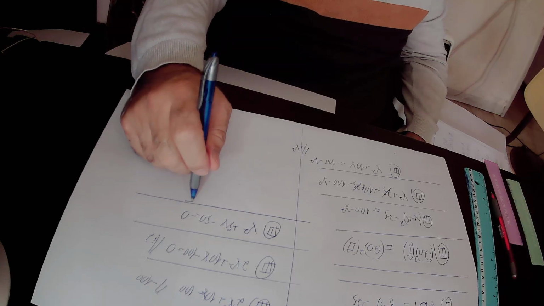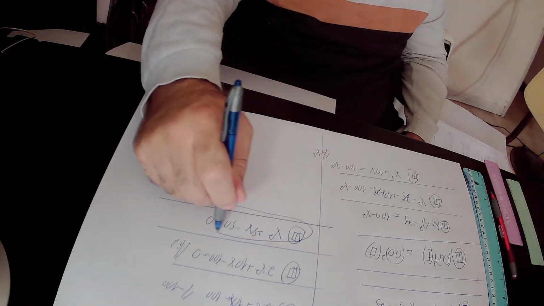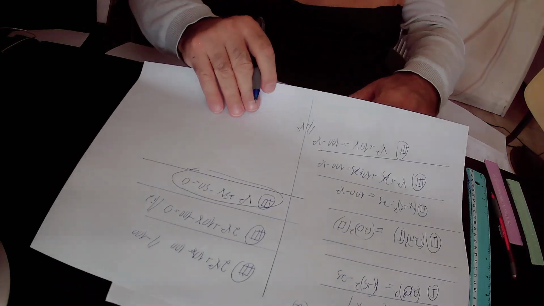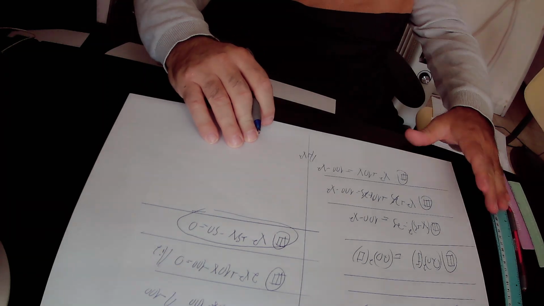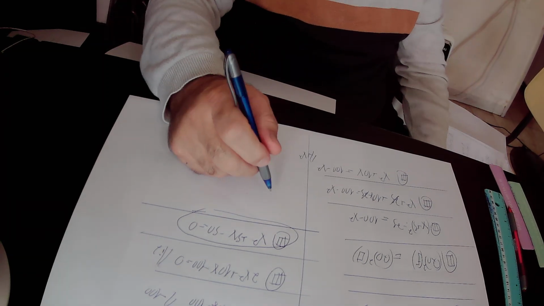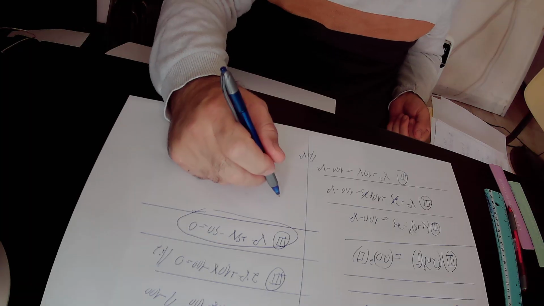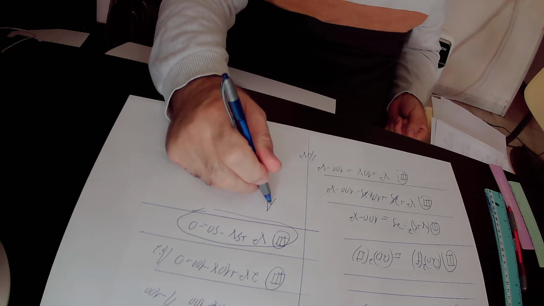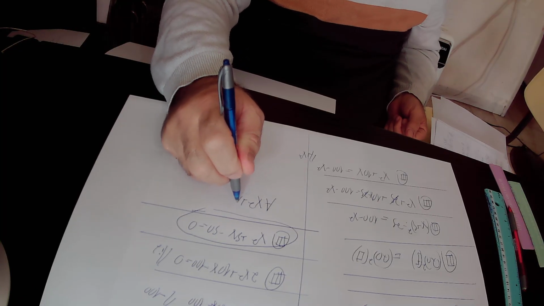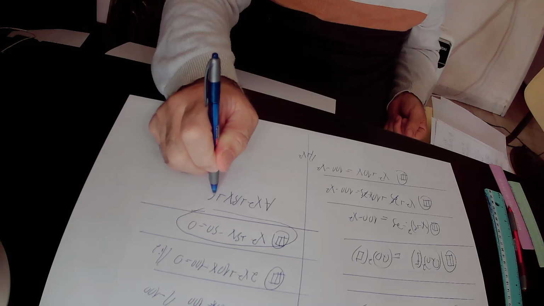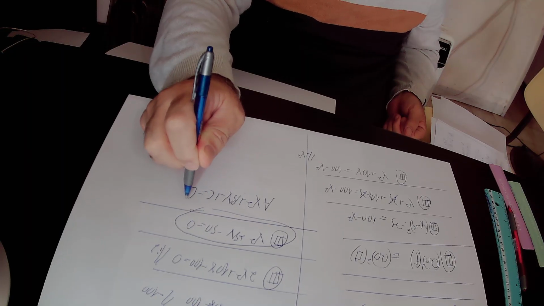So this is a quadratic equation, and the general formula for a quadratic equation is ax squared plus bx plus c equals 0.